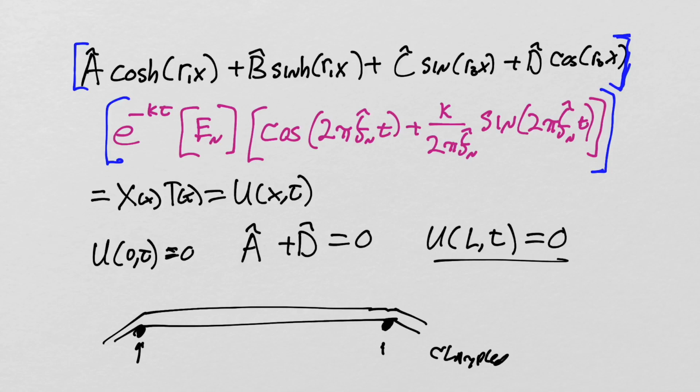That wouldn't be too far off from being the way it really is, except that clamped implies some things about the first derivative. We're just going to go with pinned. And what this basically means is at this point there are no force moments at the two endpoints. So that tells us that uxx of 0 for all time equals 0.